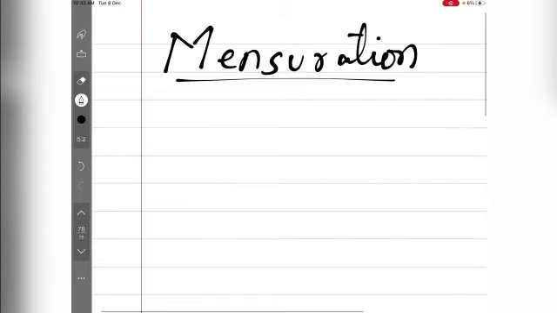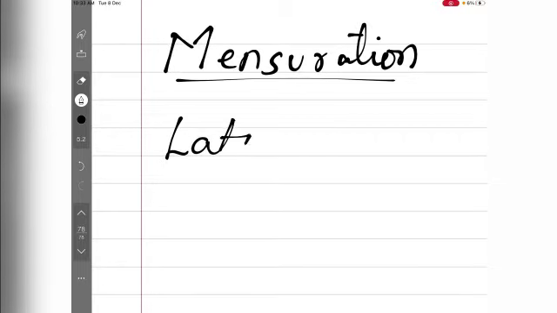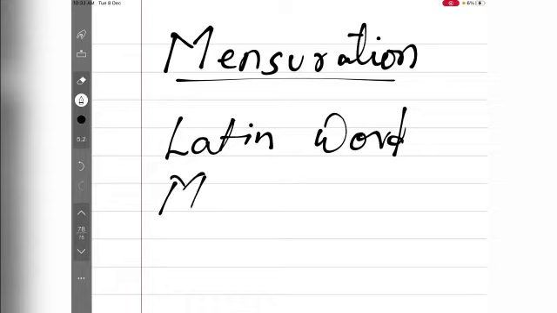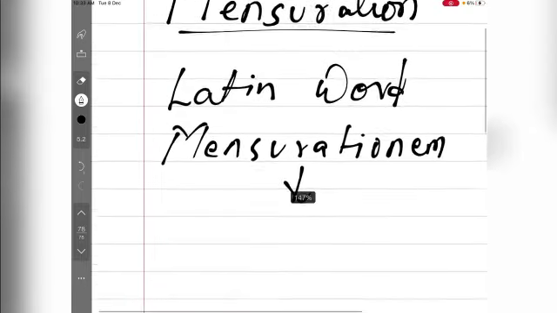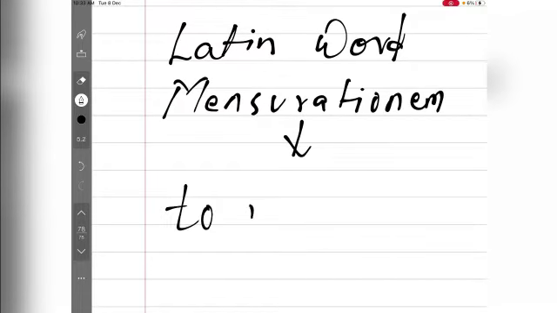Basically, the word mensuration is derived from the Latin word mensurationum, which means to measure anything.